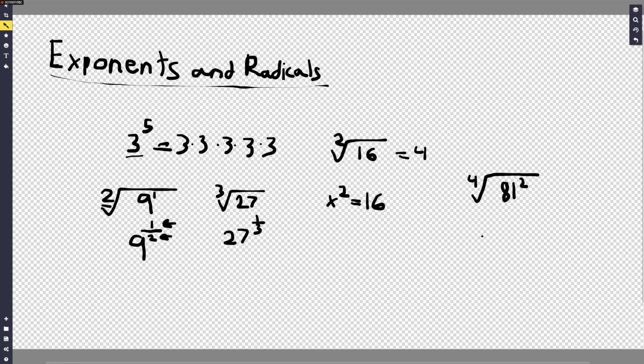Okay, well, we have 81, it's to the power of 2 and to the fourth root, so we know it's going to be 2/4. But 2/4 is not simplified, right? We can write this as 81 to the power of 1/2. And what does it mean when something's to the power of 1/2? It's equal to the square root. So we know that the fourth root of 81 squared is equal to 9.